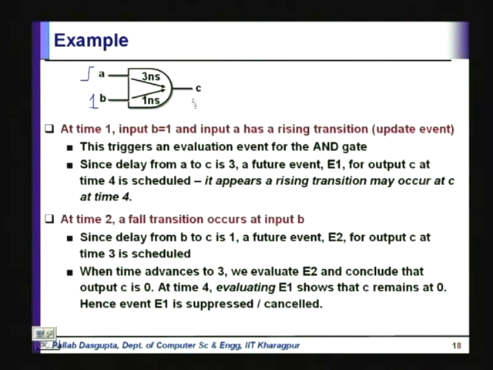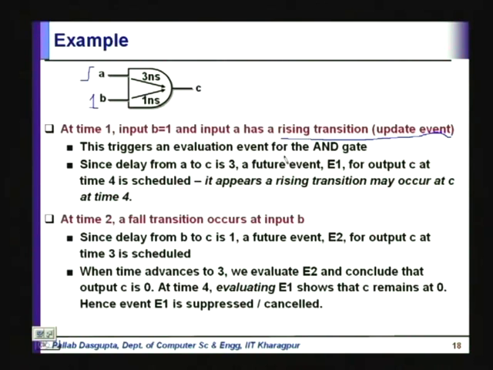Whenever A rises, it triggers an evaluation event for the AND gate. Why? Because input A was updated, which was this rising transition, actually an update event. That update affects the variable A, and this gate is in the fan out of A, so it has to be evaluated.